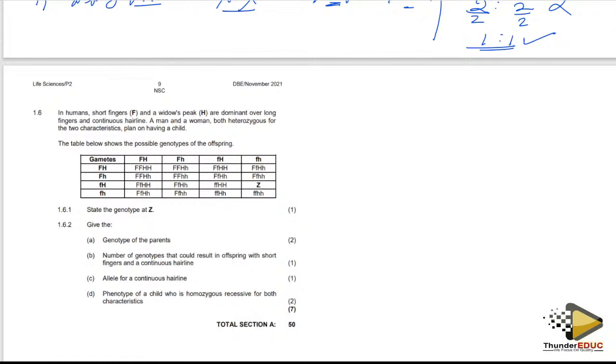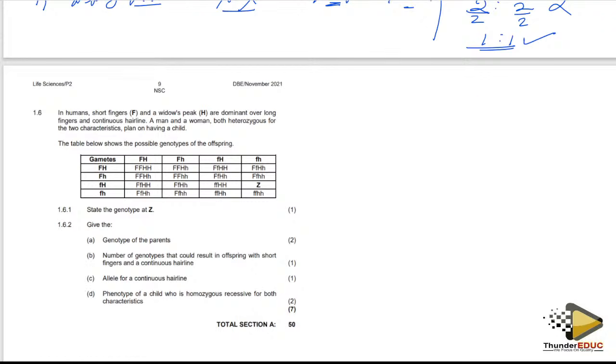All right. In humans, short fingers, capital F, and widow's peak, capital H, are dominant over long fingers and continuous hairline.